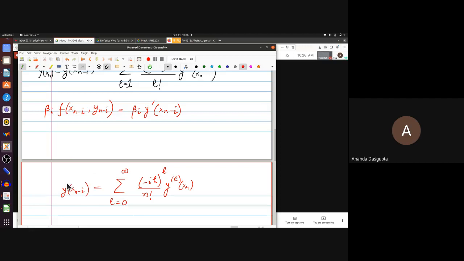And what should the derivative be? So when you do a derivative, what are you really going to change? You're differentiating with respect to the argument, right?